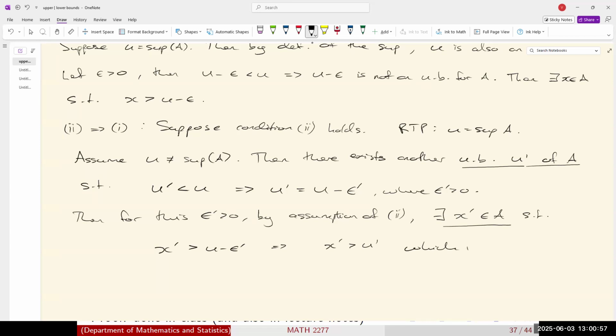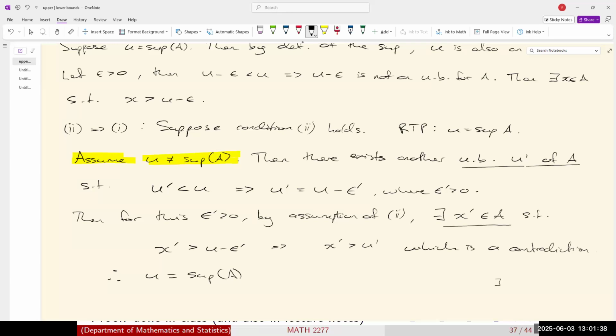Right, which is a contradiction, because this one is an upper bound and this one is an element of A. The inequality sign here is wrong. It should be less than or equal, not greater than. Okay, so that's the contradiction. Therefore, what I assumed to begin with is false. What did I assume? I assumed u is not the supremum. So therefore, u must be the supremum.